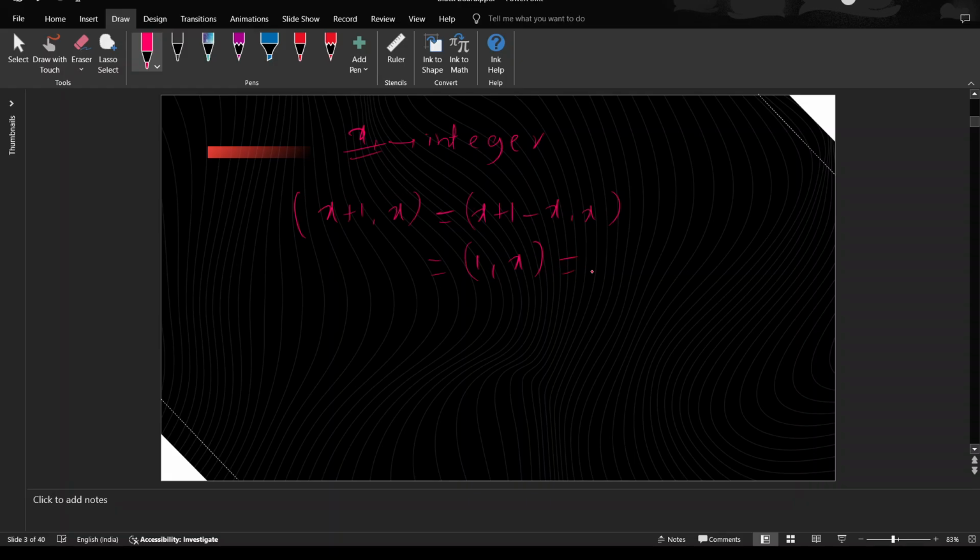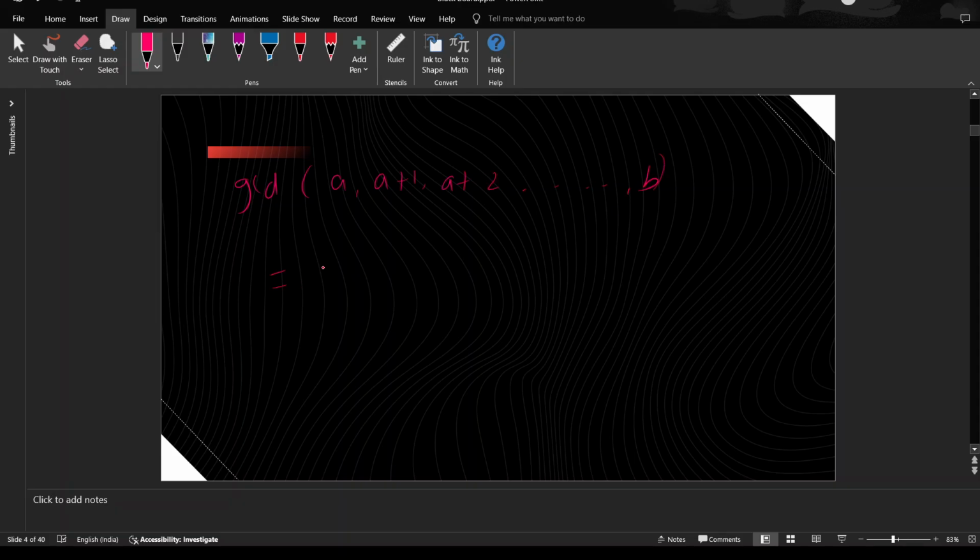So this is nothing but 1 itself, right? So what we have concluded now is that the GCD of two consecutive numbers is 1.